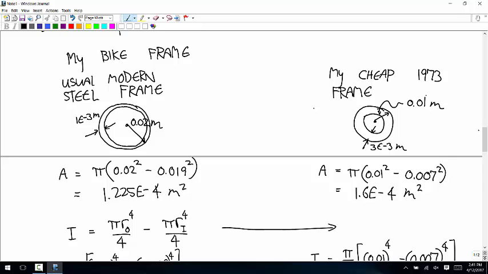But there's other stuff that comes into it, because if you bump that with a pedal, it would crumble. But this difference does explain why the cheap old one is heavy, and still, even though there's more material there, it also feels bouncy.